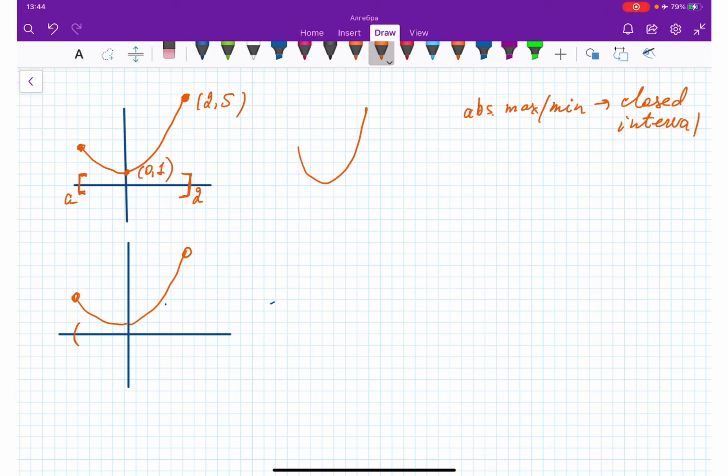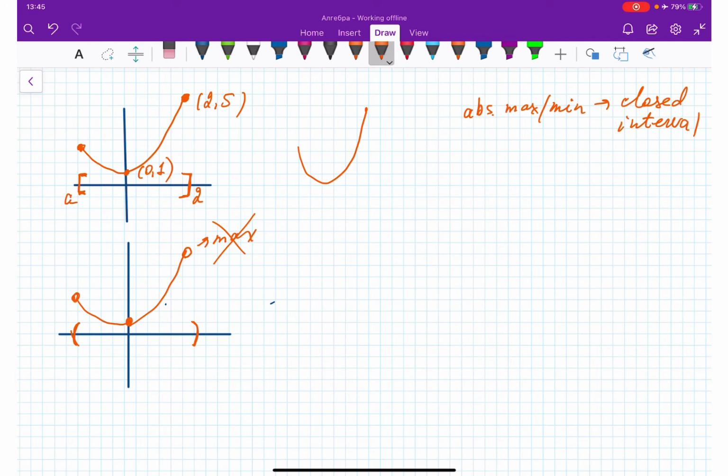That means I will have an interval where the endpoints are not included, but this is also an interval. In this case, obviously, there is not going to be a maximum but a minimum only, because there will be a minimum on this interval, but we cannot have a max here because its endpoint is not included. So we have an interval, although it's not closed, just the endings are not included.